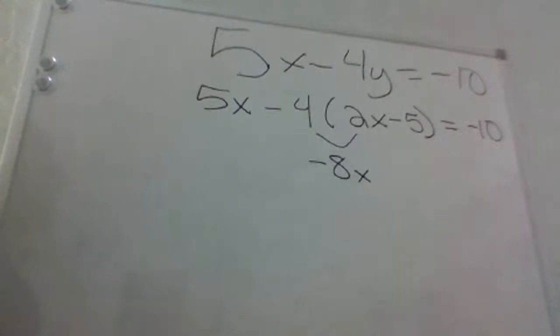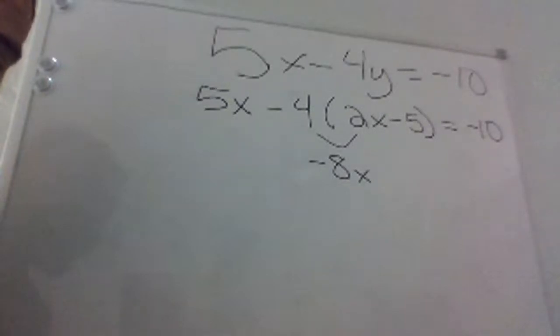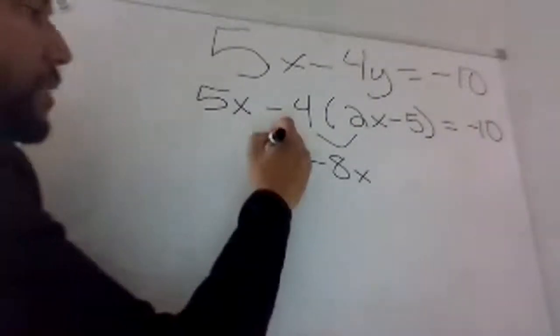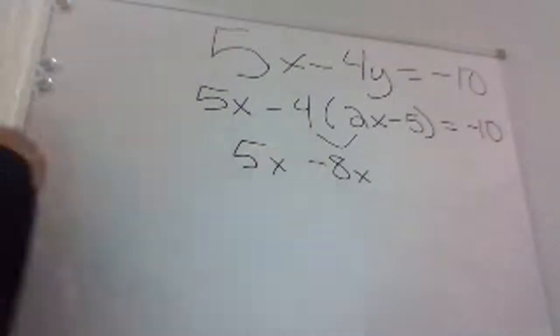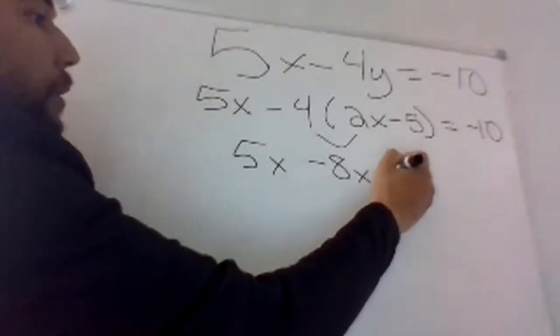For 5x minus 8x. No? What's that? Yeah, the 5x. What happened? So 5x minus 8x. We write that out too, no? Yes. It's still there. I just haven't written it yet. But we just have to finish everything here. And plus 20, because we're also multiplying the negative 4 with negative 5.